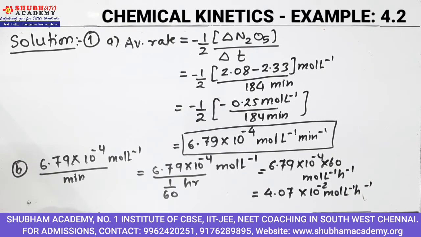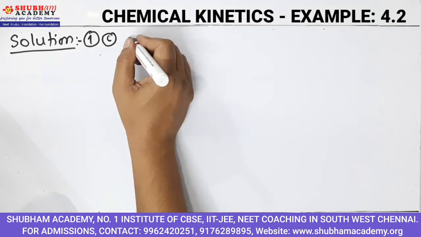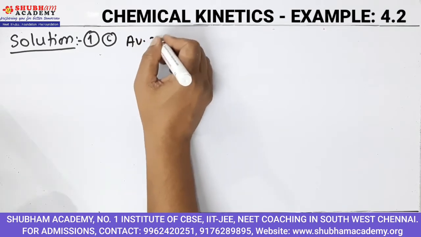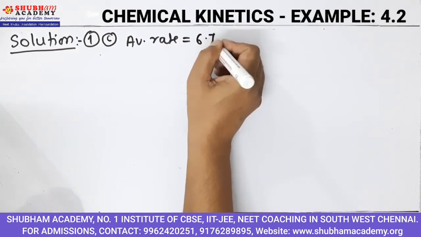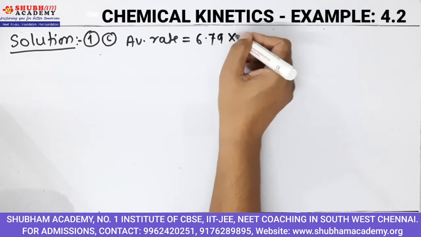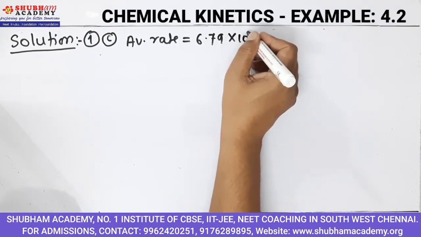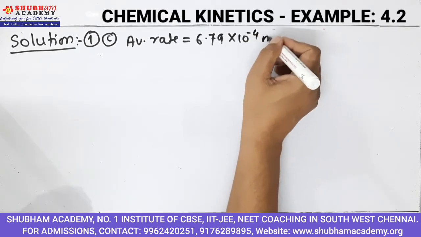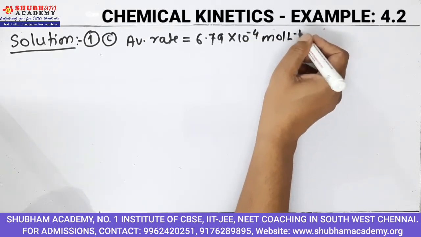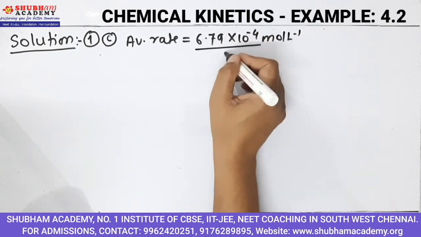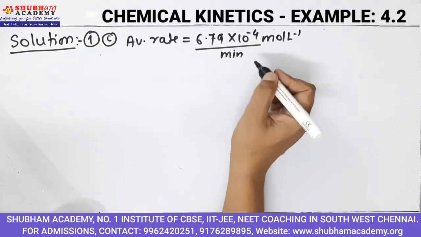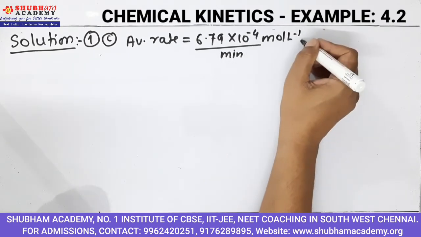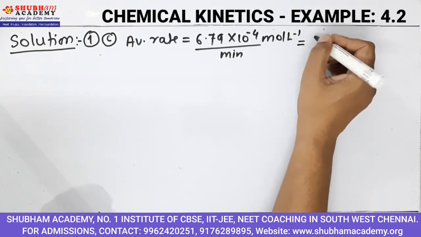Third part we will see in terms of second, when time is in seconds. Okay. Average rate is equal to 6.79 into 10 power minus 4 and unit mole liter inverse divided by minute, right. So, this minute we will convert into second. So, what we will do? We will divide this by 60.